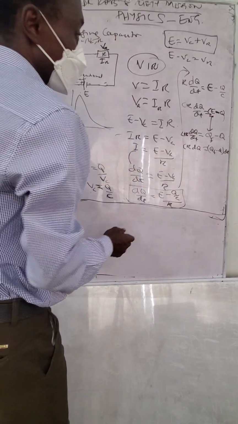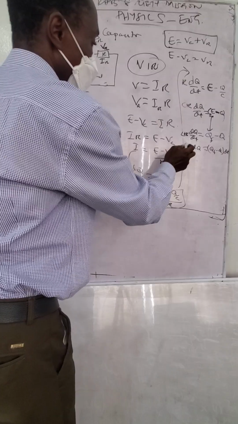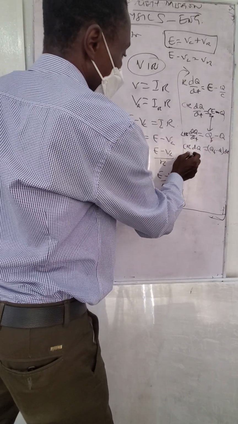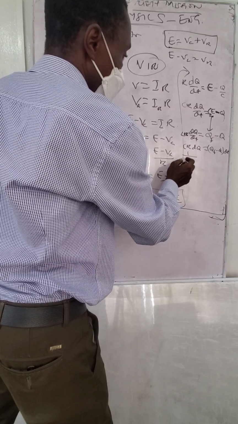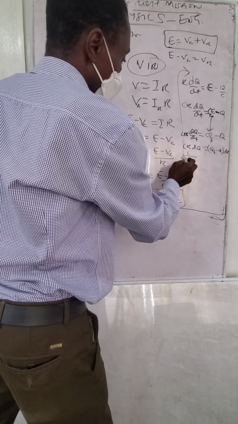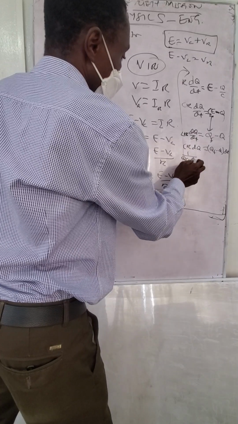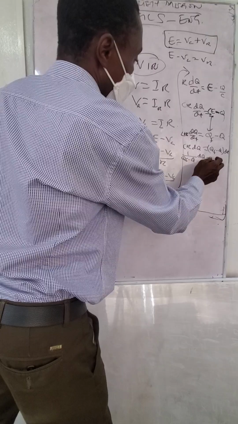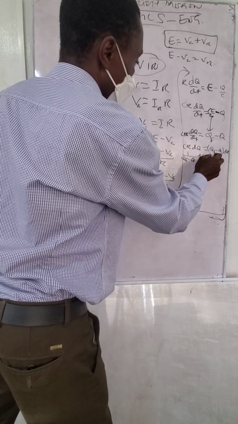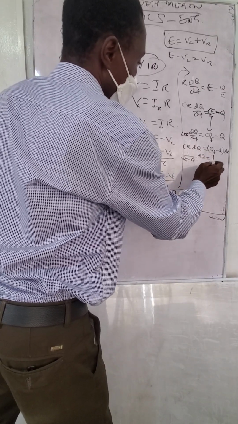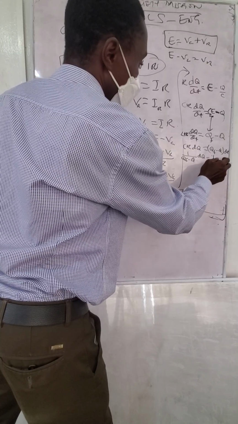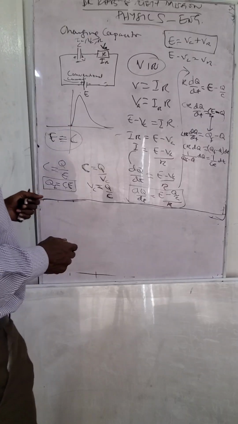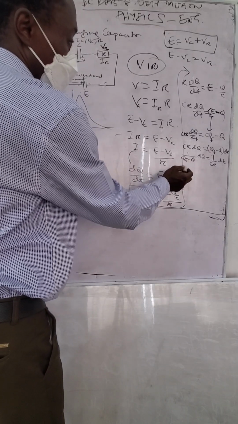So you can interchange, bring this one here and send this one there, so that you're going to have 1 over Q final minus Q dq is equal to 1 over CR dt. Right, so if we have this expression, then we can now integrate.